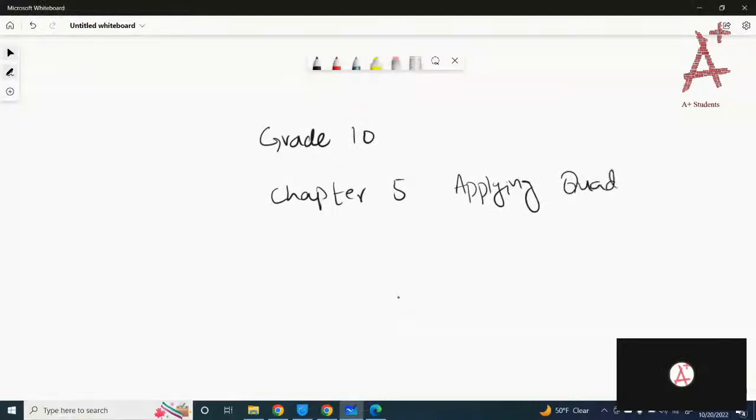I'm following the Nelson book. Got it? Nelson grade 10, that's the book I'm following, and we are going to start working on chapter 5, that is applying quadratics. Got it?